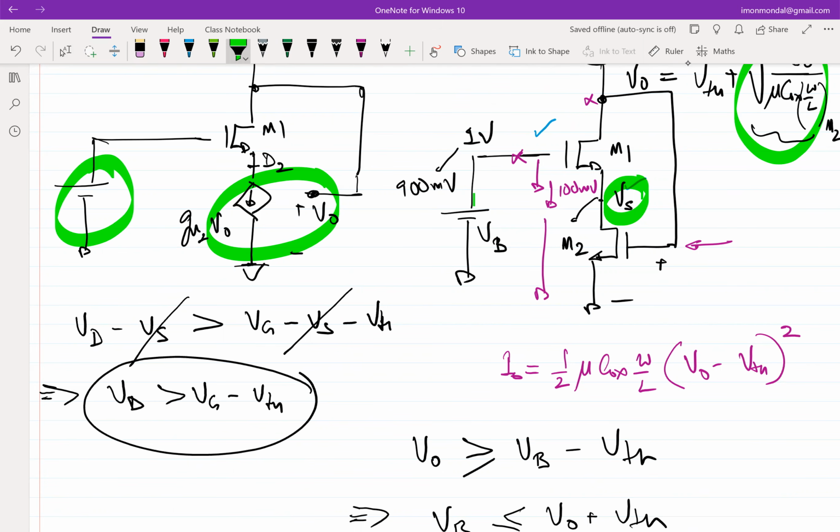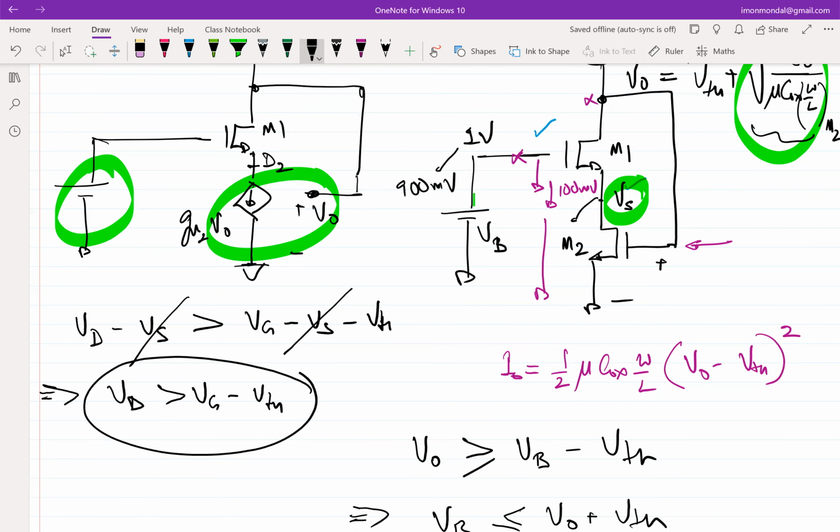Now I am in a position to figure out the minimum VB, right? So what will be the minimum VB? VS is equal to VB minus the VGS of M1. What is VGS of M1 in terms of current and everything? VTH plus overdrive, right? VTH plus square root of 2 I naught by blah blah.